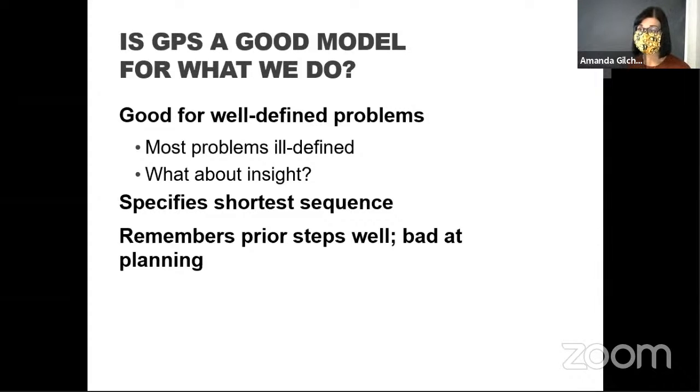Additionally, a couple of other things are important to note, especially based on means-end analysis and hill climbing as potential strategies: it's going to specify the shortest possible sequence to the goal. So for example, I have a Tower of Hanoi puzzle in my office.